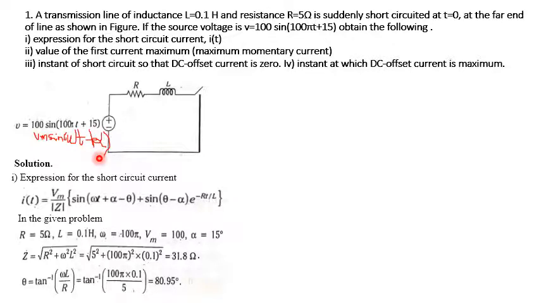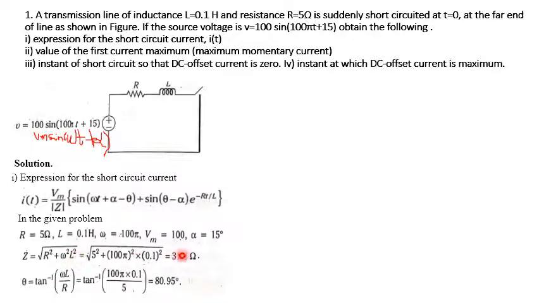Based on this, what we can write is omega is 100 pi, Vm value is 100 and alpha value is 15. Also we know that Z is equal to root of R square plus XL square, where XL is nothing but omega L, whole square.